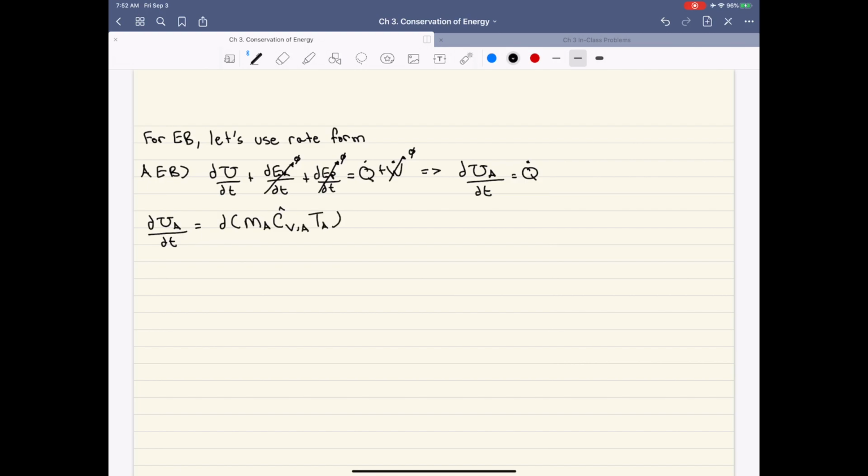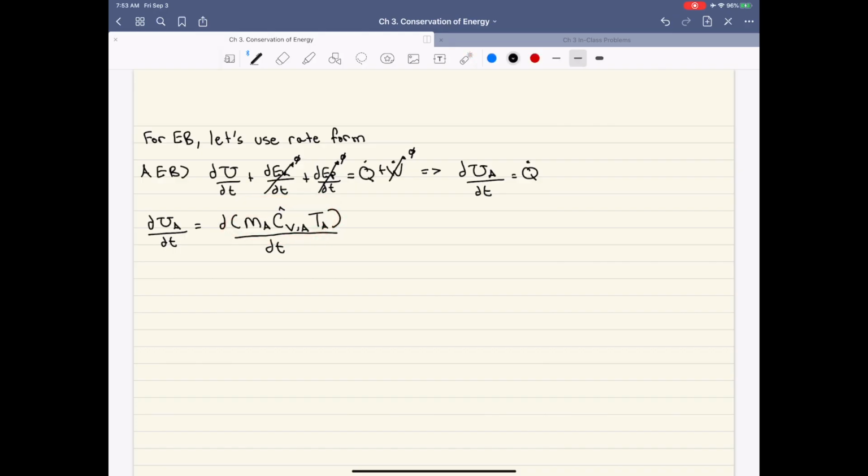And the temperature of A is also in here. So once again, this just comes from the definition of the heat capacity. Right? We know that the heat capacity is equal to the partial molar derivative of internal energy with respect to temperature. All right? And so that's where this comes from.